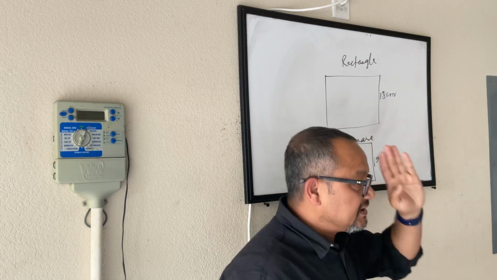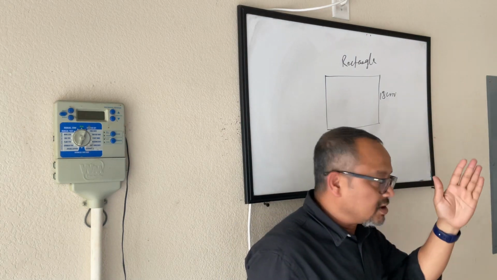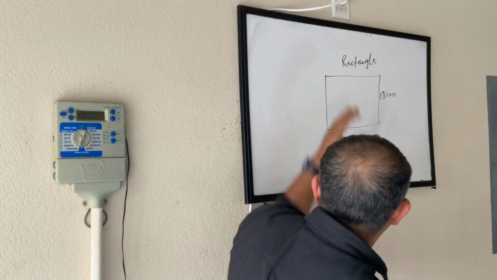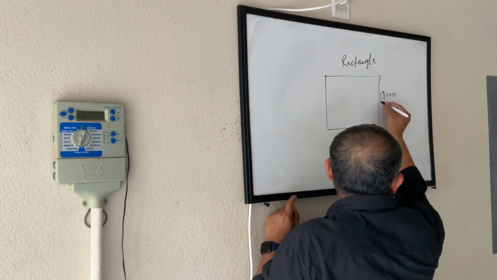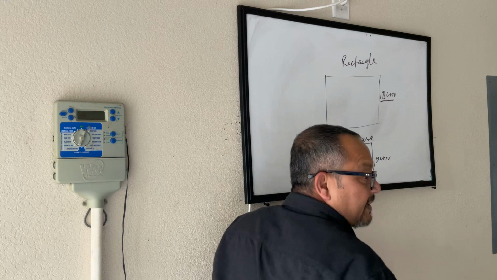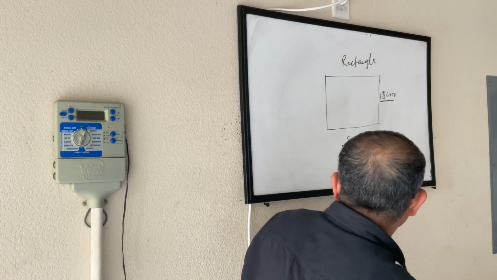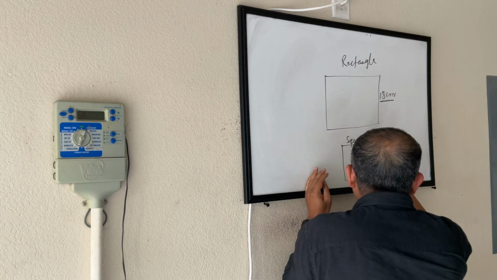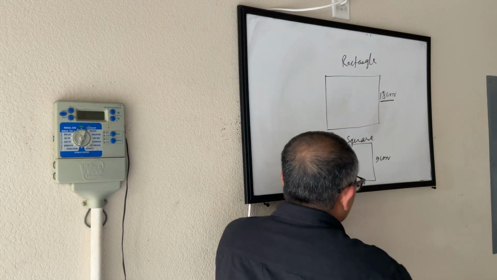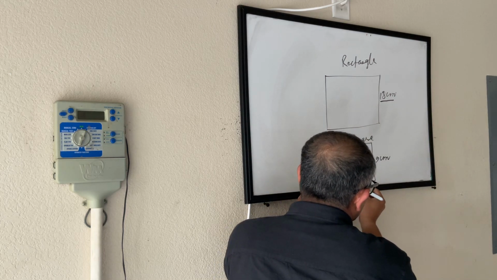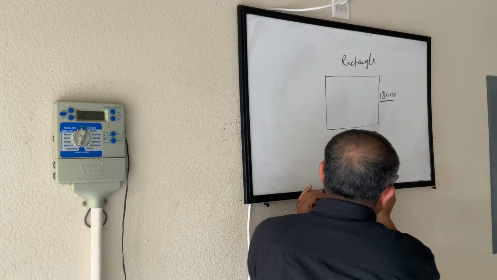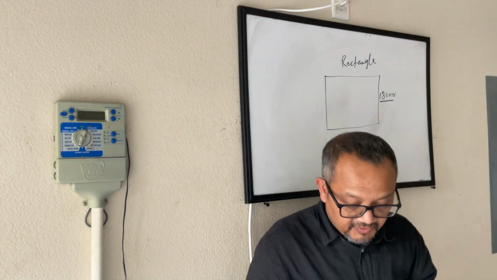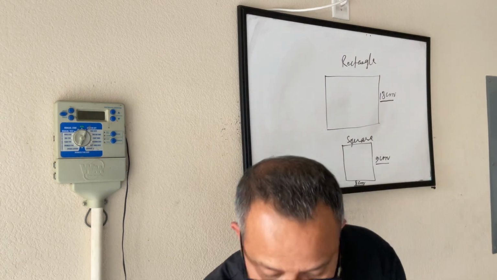Here this is a rectangle and I have given this side equal to 18 centimeter, and I'm asking you to find out the perimeter. Likewise, this is a square and I'm asking you to find out the perimeter, saying this side is 8 centimeter and this side is 9 centimeter. Think about it for 2 minutes and then we'll talk.